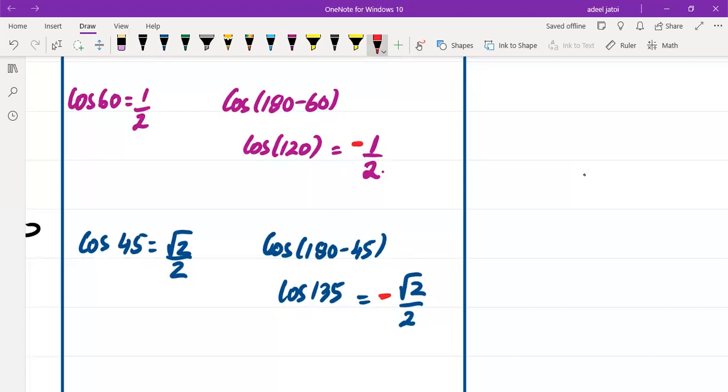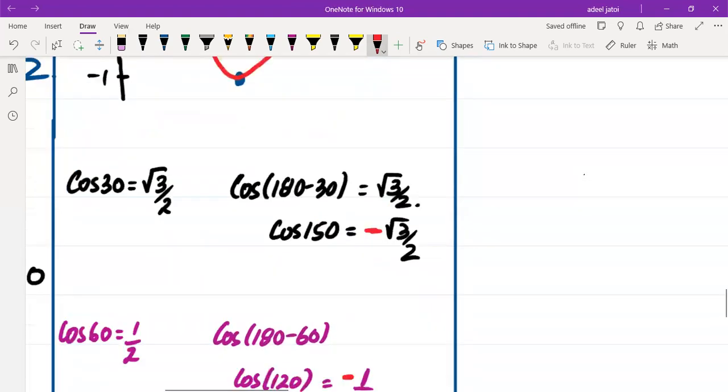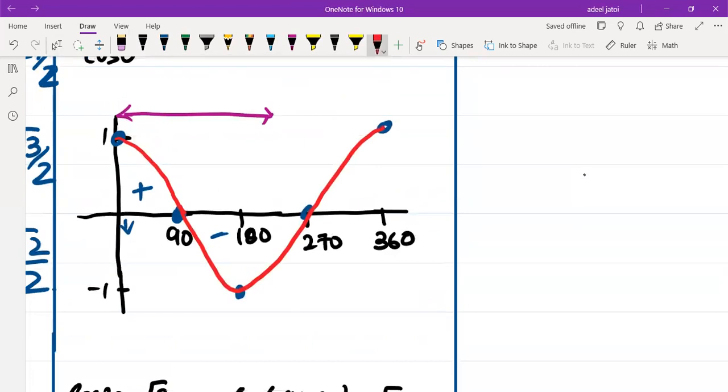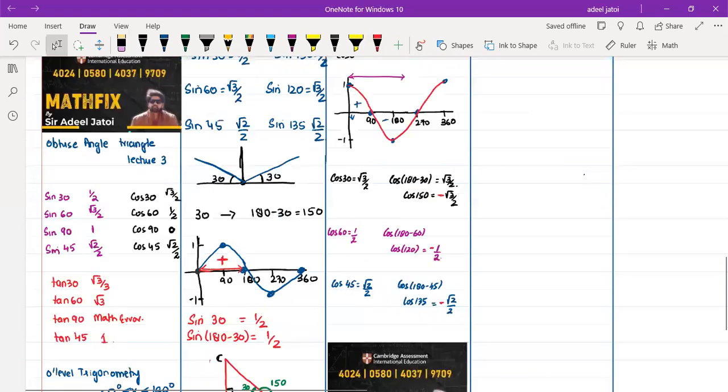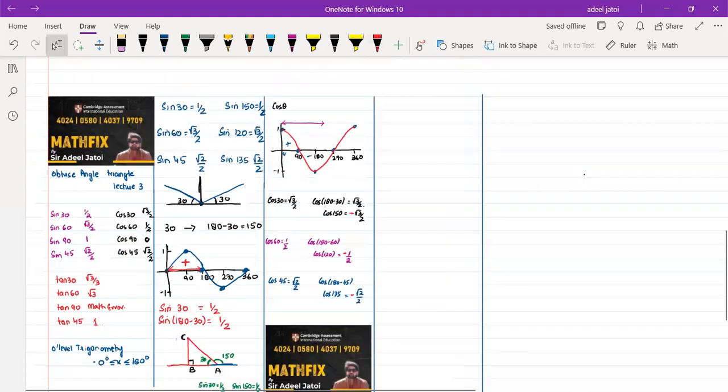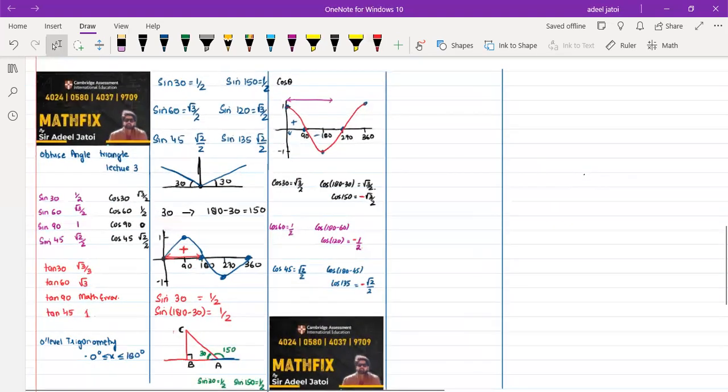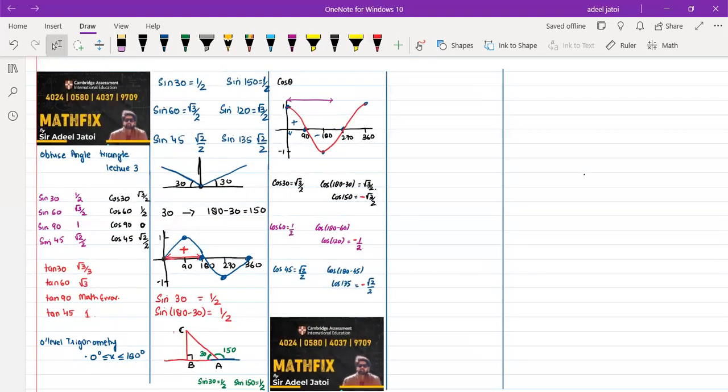The answer is the same, but because 180 minus 45 gives 135, it will be negative, because obtuse angles in the cos diagram from 90 to 180 are negative. So these were the negative parts that you need to understand while attempting the obtuse angle for a given question.